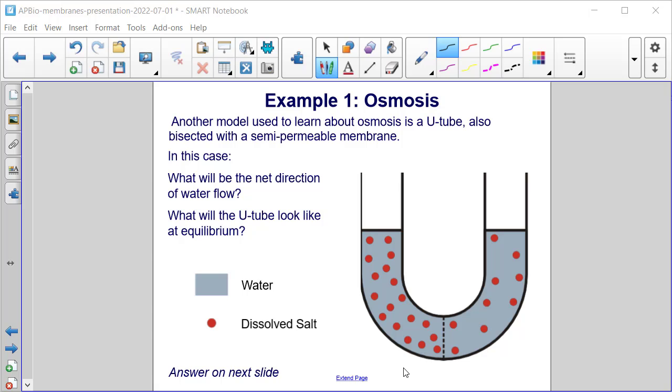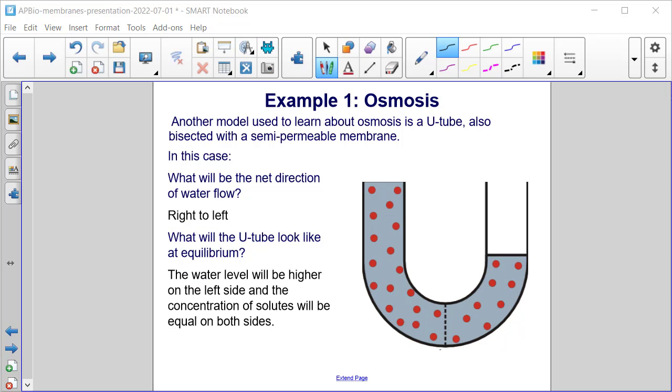Before I go to the next slide and review the answer, remember that osmosis will be the flow of the water toward the higher solute concentration. So the water is going to flow from right to left towards the higher solute concentration. On the answer slide, I've drawn what we might expect to happen.